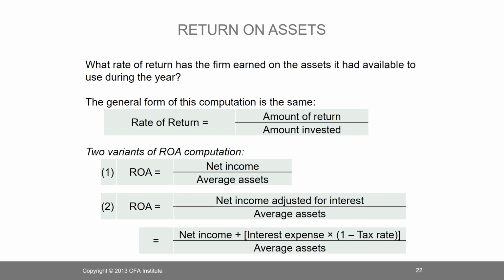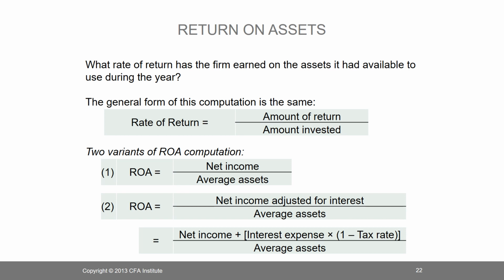This form of the ratio reflects that net income plus after-tax interest is the amount of earnings applicable to both equity holders and creditors, consistent with assets being financed by both the equity holders and creditors. Net income after the deduction of interest is the return solely to equity holders.